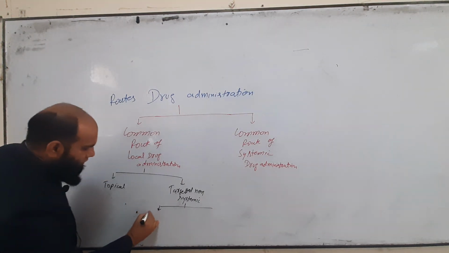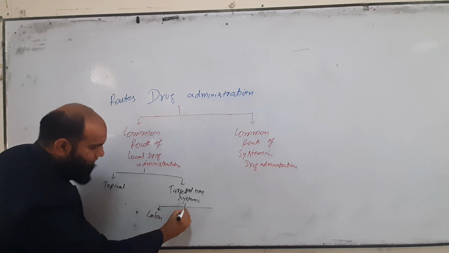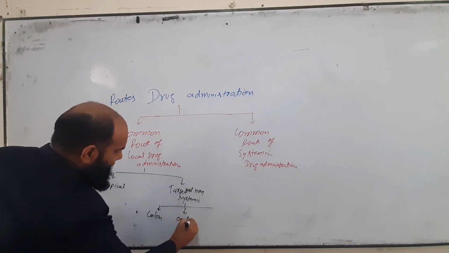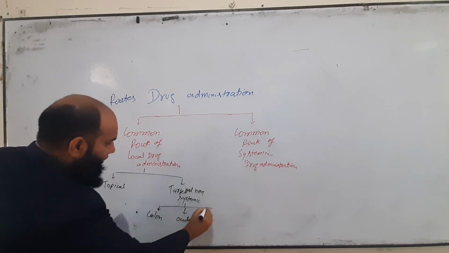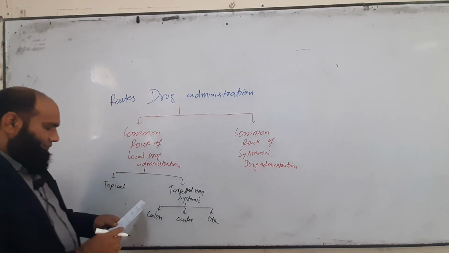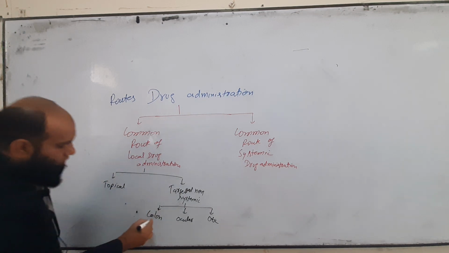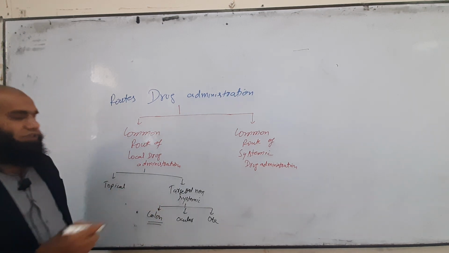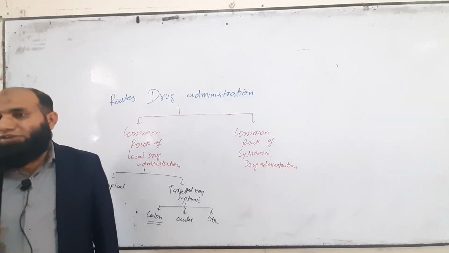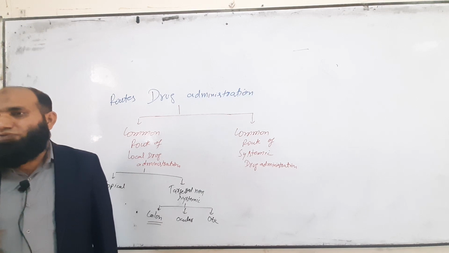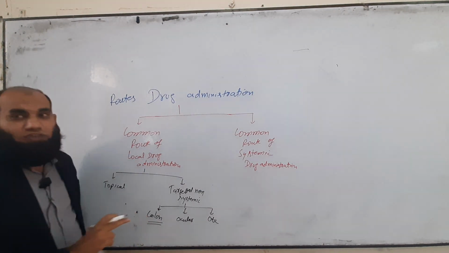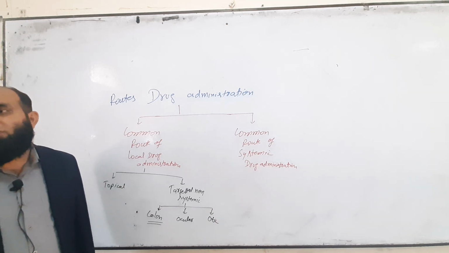So different organs can be targeted: colon, ocular, and otic area. In case of colon, an example of a locally acting drug is sulfasalazine, which is used for the treatment of ulcerative colitis.